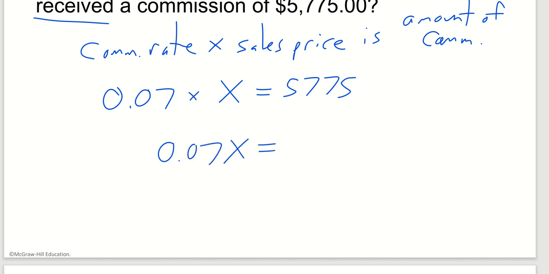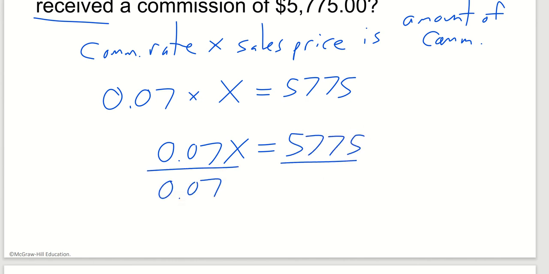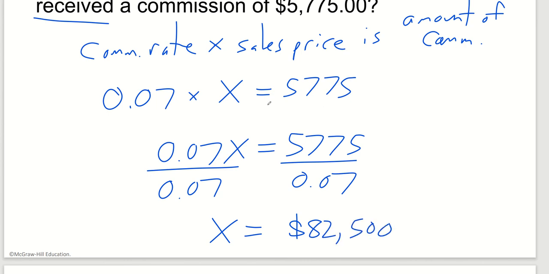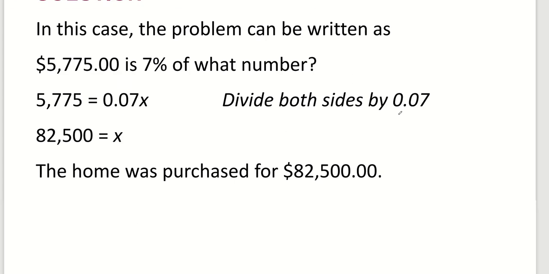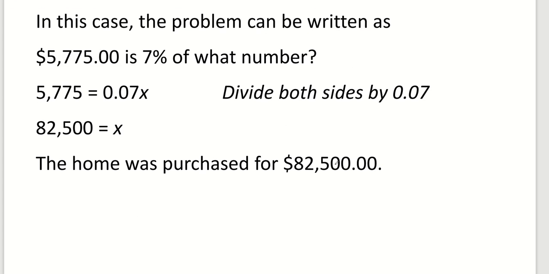In order to get the x by itself, we would need to divide both sides by that 0.07. And this would tell us that x is equal to $82,500. So the sales price of that home was $82,500.